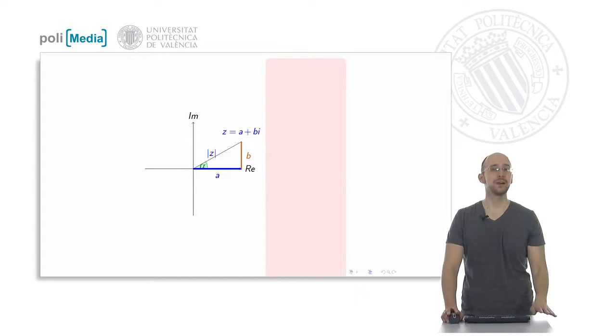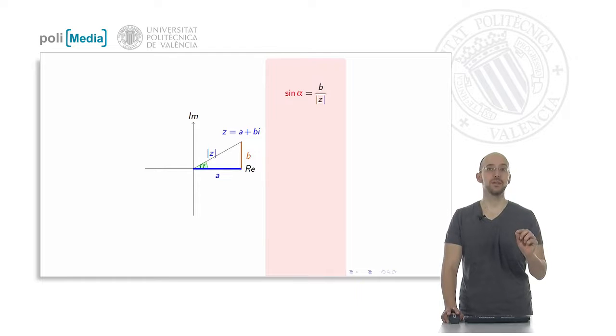Notice, where does the formula come from? A fairly quick explanation. If we have the graphical representation of the complex number a plus bi, if we look at the situation of alpha, we have that the sine of alpha is the opposite leg, which is b, divided by the hypotenuse, which is the modulus of z. The cosine of alpha is defined as the adjoining side, which would be a, divided by the hypotenuse, which is the modulus of z.